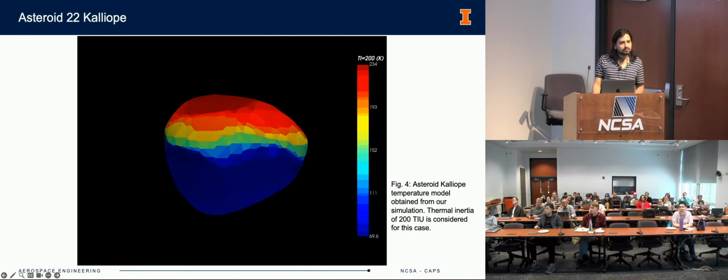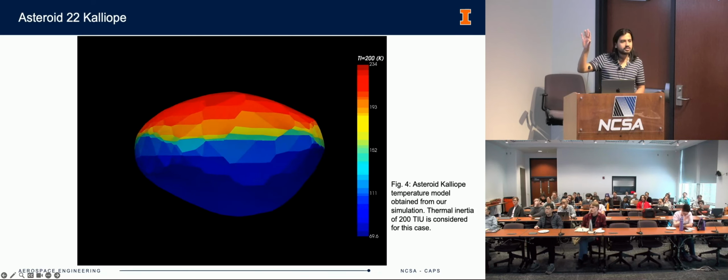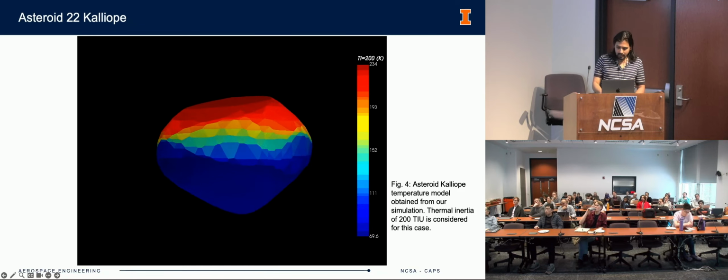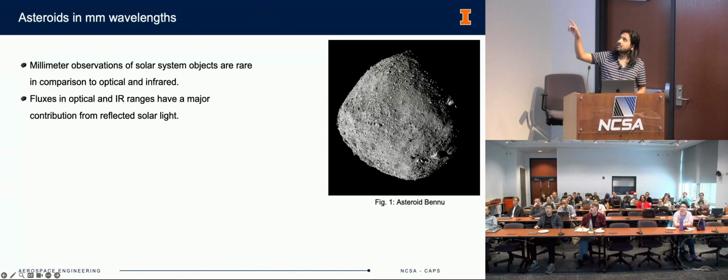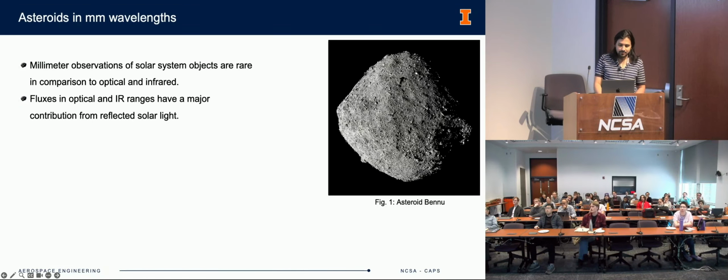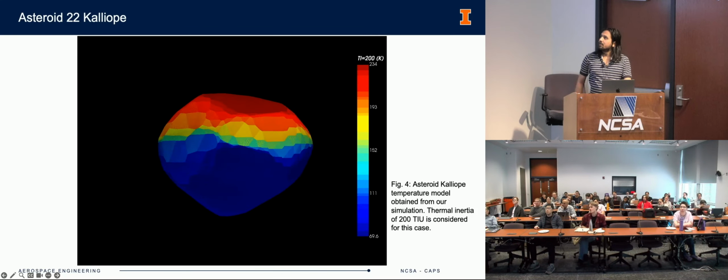I've just used that data. If they're large enough, like this is, I guess, 160, 170 kilometers in diameter, we get good enough models. I've shown asteroid Bennu here. We also have a very good shape model for that, but that's because OSIRIS-REx visited it.